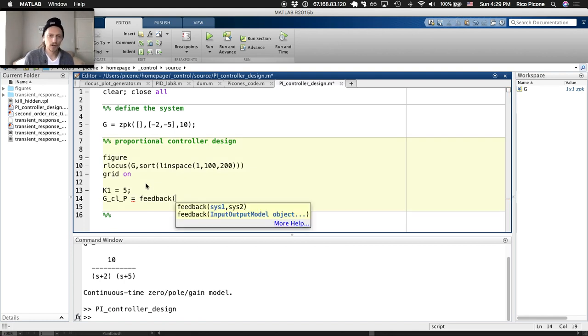We're assuming unity feedback. Nothing was described in the problem, so we can just use unity feedback and go forward assuming that. G is the plant, but we just designed a proportional controller, so K1 times G. So the feedback system is just unity feedback, and that gives us our closed loop transfer function.